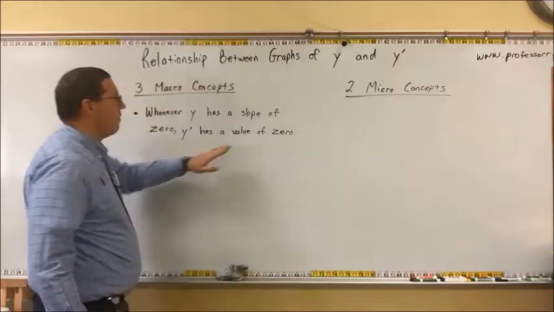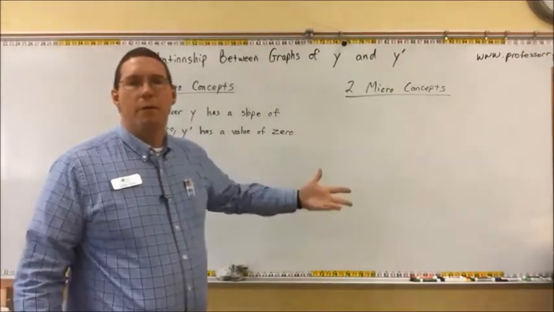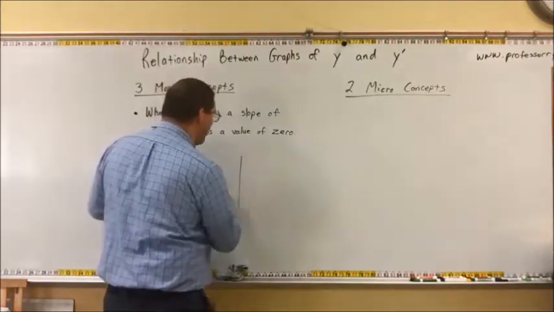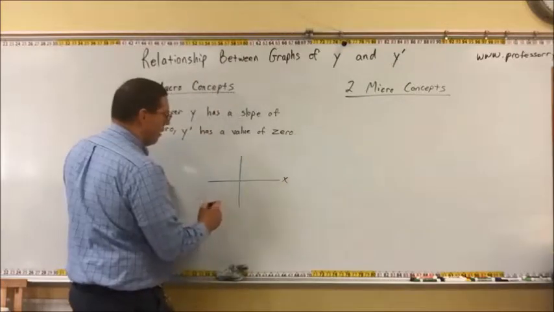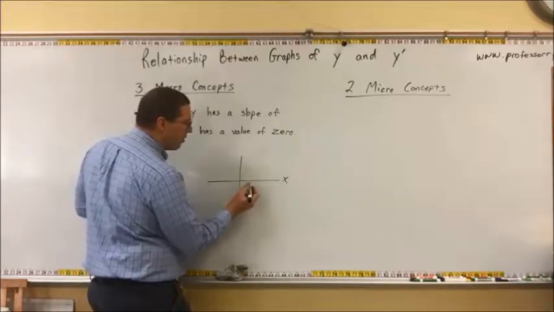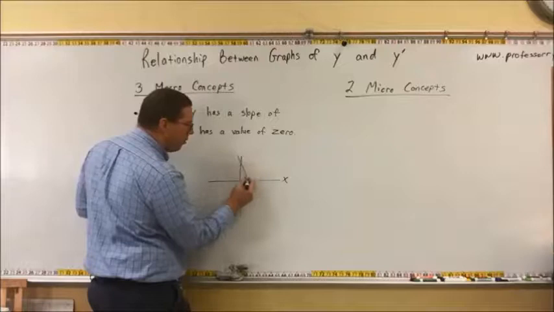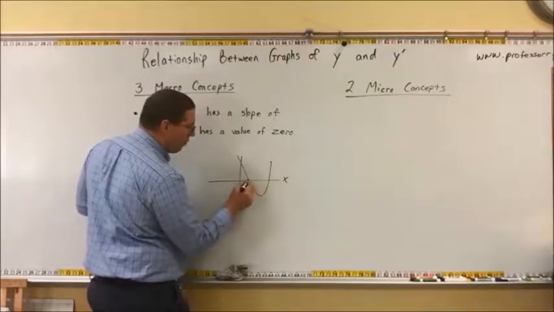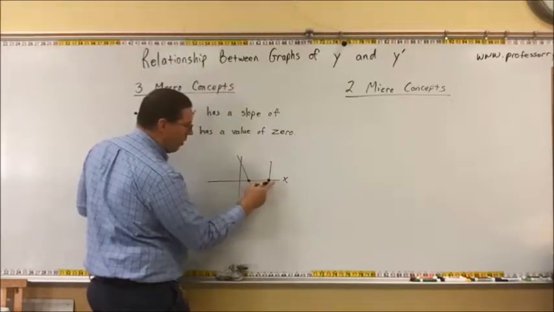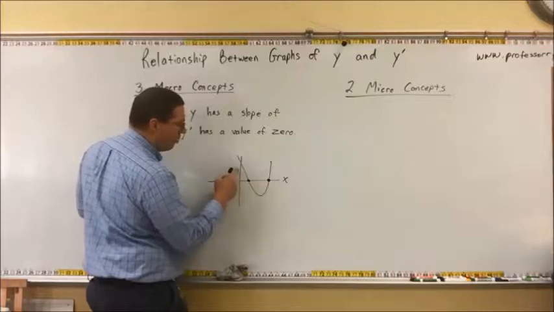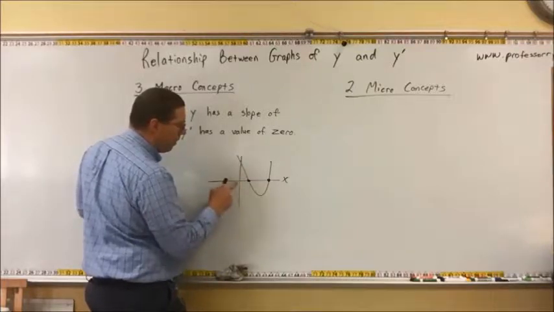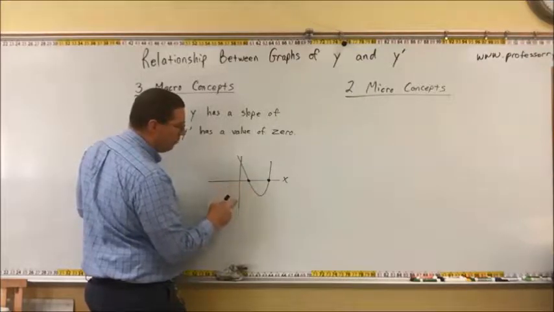Well, what does it mean to have a value of 0? Doesn't a value of 0 mean that you are on the x-axis? If a function equals 0, doesn't it equal 0 wherever it's crossing over the x-axis, right? Because up here, this is positive 1, positive 2, positive 3. Down here, this is negative 1, negative 2, negative 3.